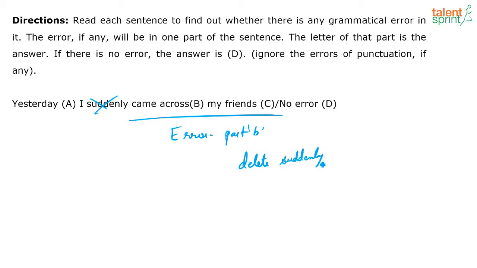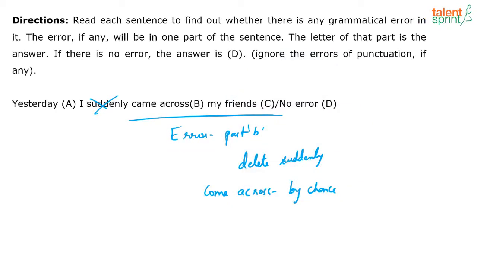That is a phrasal verb, right? To come across somebody means by chance you happen to meet them, which obviously happens suddenly only, right? It's not a planned event. See, that is why it is important for you to pay attention to that phrasal verb.